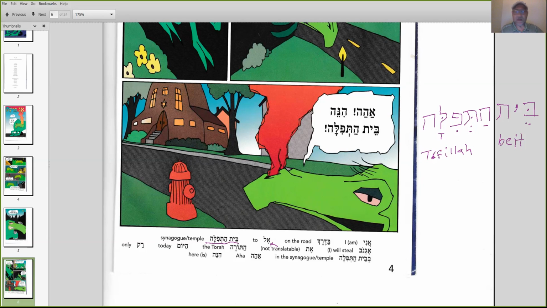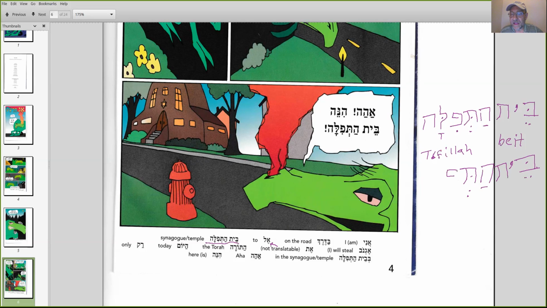So let's write beit tefillah again. We have bet with a tsere yod combination, tav, ha tefillah. There's a tav. We'll put a shva under there.